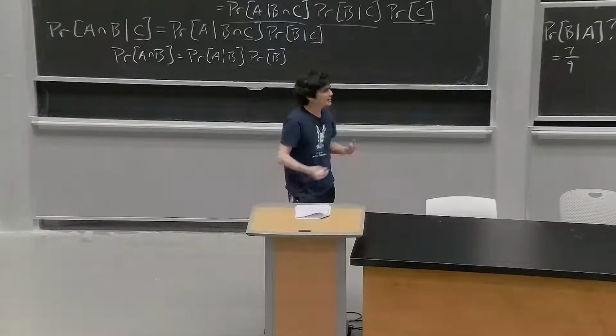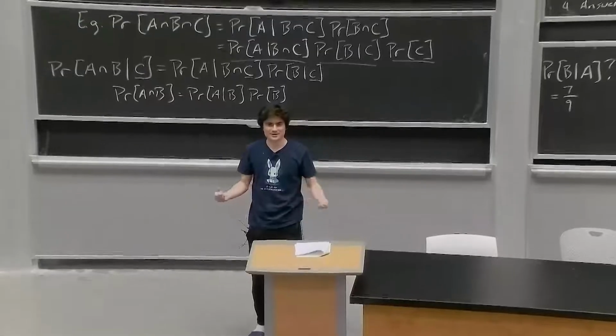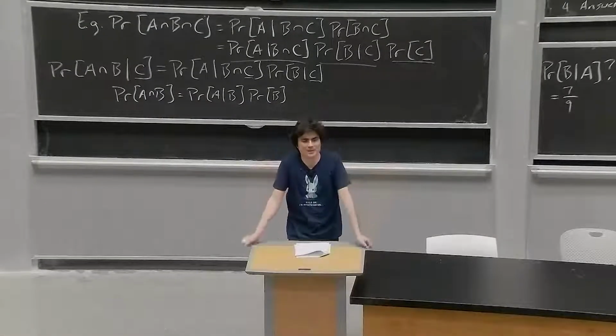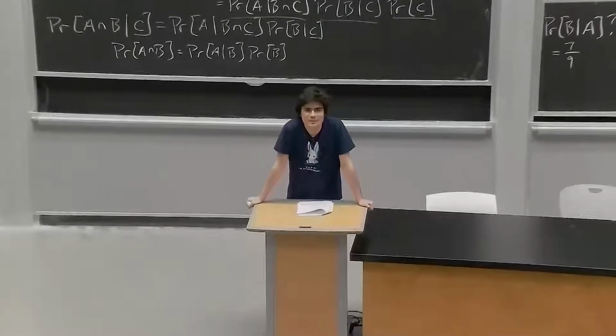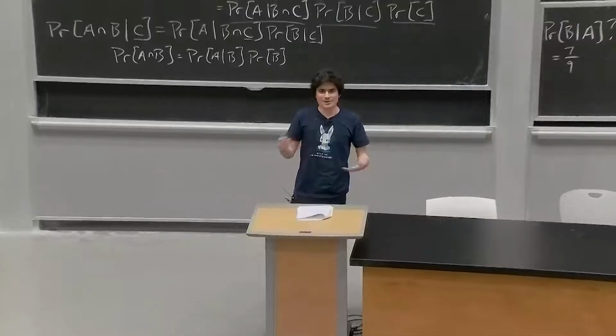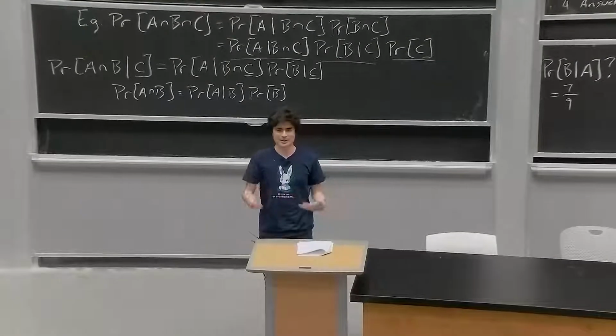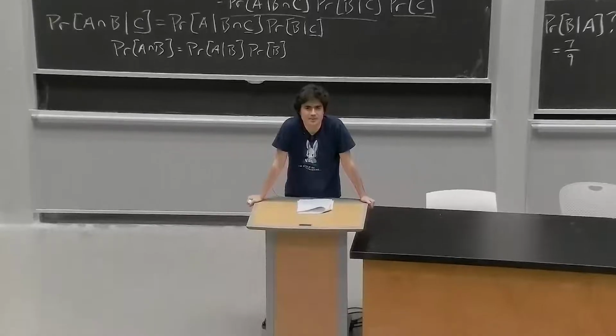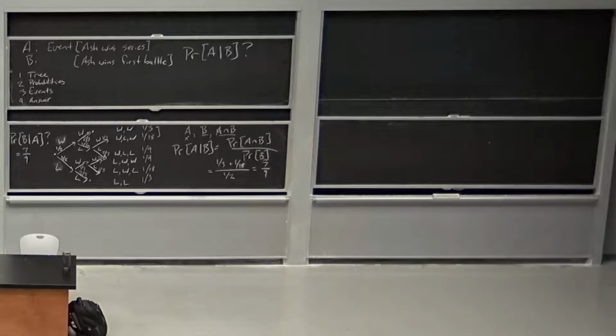Now, this might sound a little bit weird to some of you. If we know that he's won the series, everything's already happened. He either won the battle or he didn't. But when we're modeling probability questions, we don't really care about any sort of temporal relations or even causal ones. It's all just numerical.